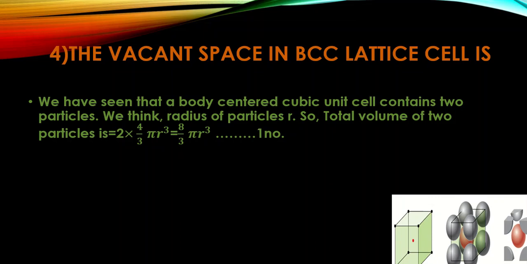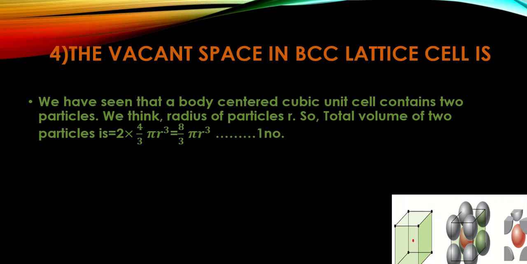So the total volume of the particles is 2 into 4 by 3 pi r cube, because the particles are spheres. The volume of one sphere is 4 by 3 pi r cube, and the body centered cubic unit cell contains two particles.